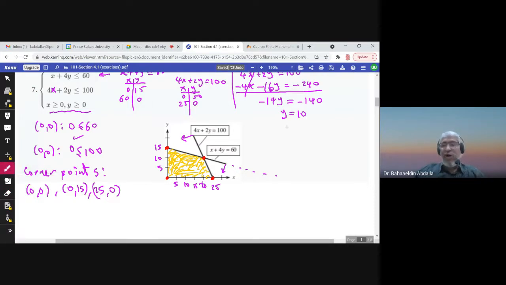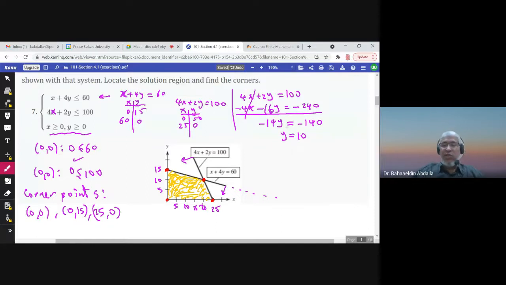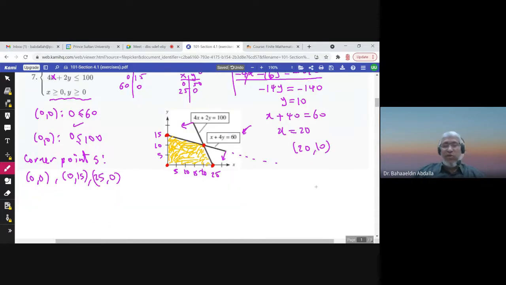And now y is 10 here. Let us go back to this equation. y is 10, so let me put it in this equation. x plus 4 times 10 is 40 equals 60. So x is 60 minus 40, which is 20. And the point would be 20, 10, which is good.